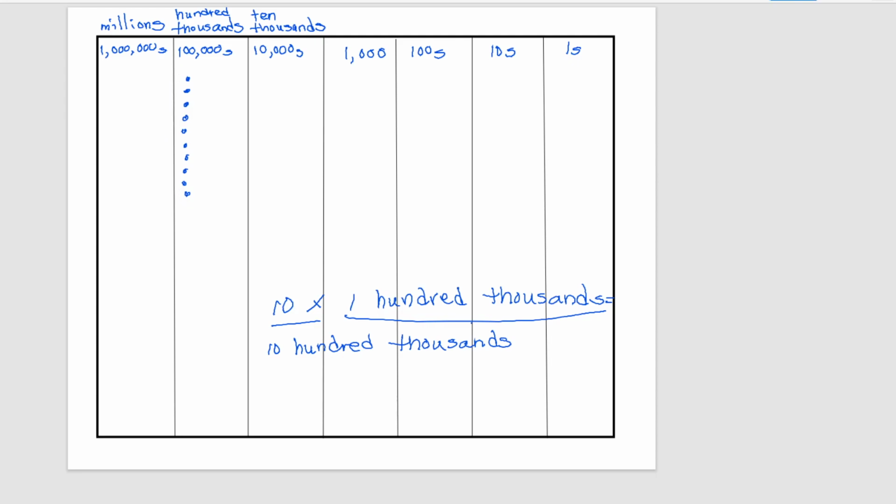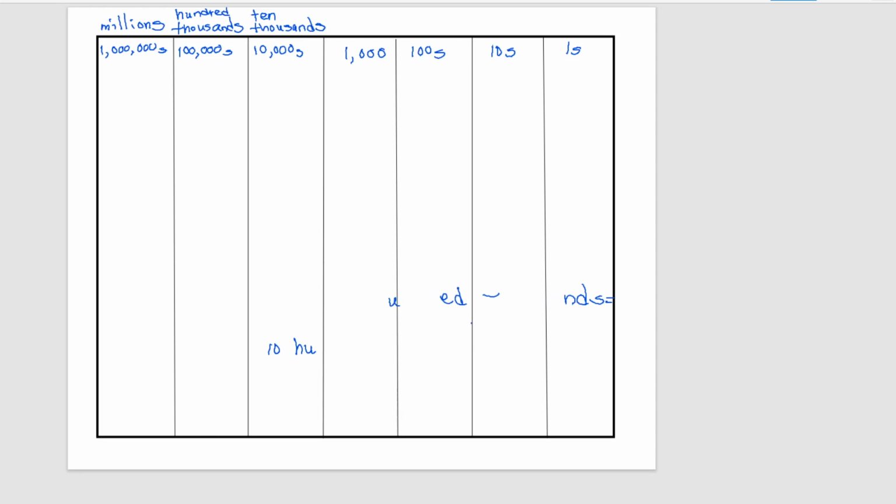Again, let's erase what we just did and leave our headings. And now we're going to look to solve a different problem. Let's say we want to do 10 times 4 10,000s. So we'll start with our 4 10,000s.